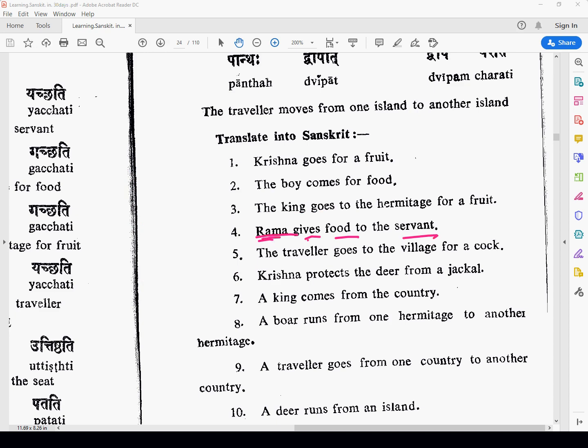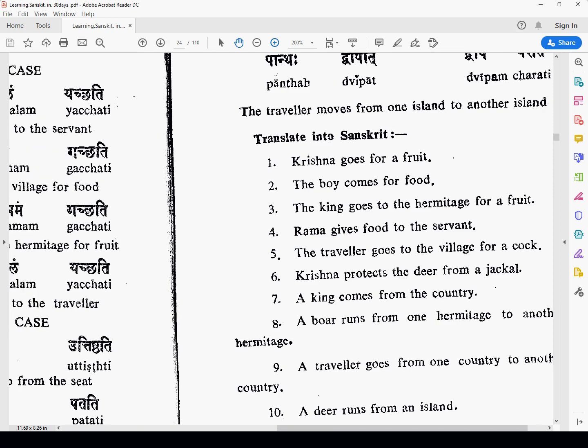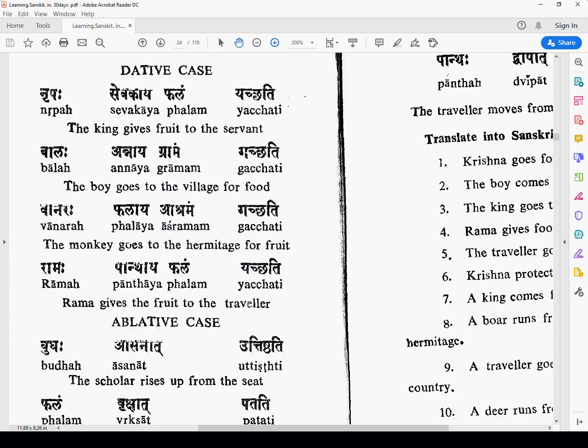Kim yachati, what is he giving? Food, annam. That is the second case. And Kasmai yachati, Chaturthi, fourth case, sevakaya. Sevakaya is servant. Rama gives food to the servant. So, you can try a couple of other sentences later.